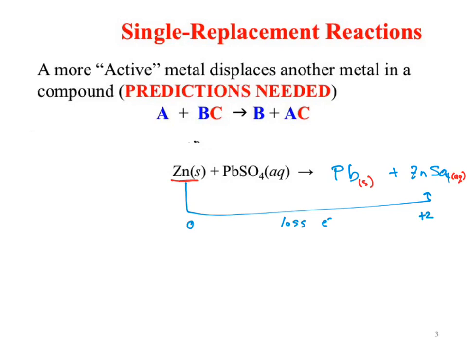And if we look at lead, we'll notice something similar happens. Okay, what happened to the lead? It went from a +2 to a 0. How does it do that? It had to gain electrons. Because electrons don't show up in the overall equation, the electrons lost must equal the electrons gained.